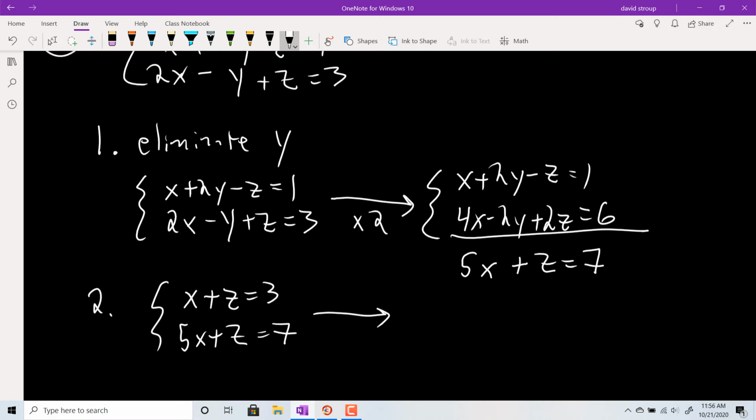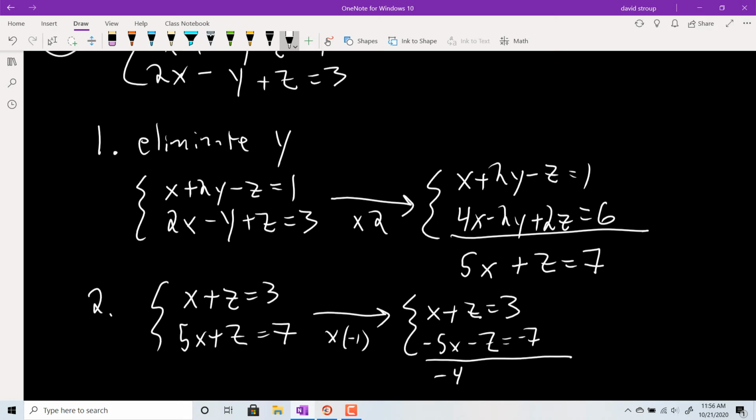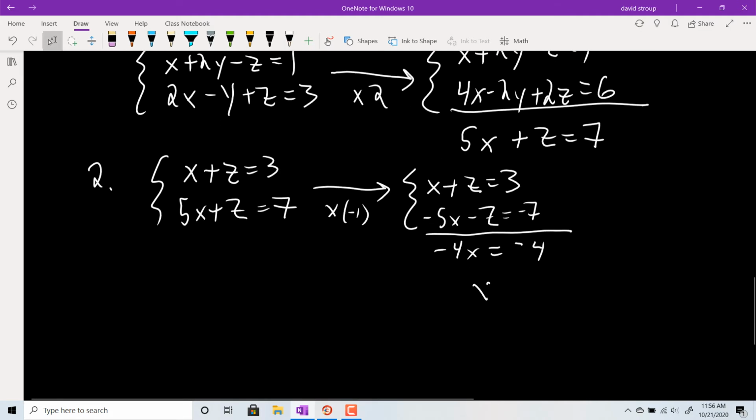Okay, so I'm going to multiply, I guess, the second one by negative 1. So I have negative 5x minus z is negative 7. Add them together. Negative 4x equals negative 4. And then solve. So I'll have x is 1.